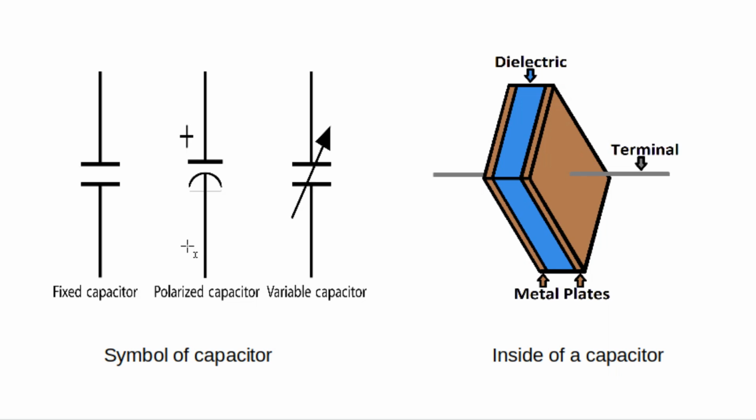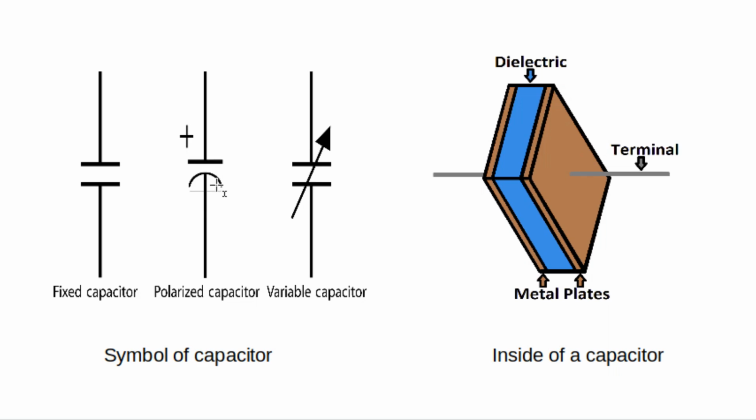And this one is a polarized capacitor. A polarized capacitor has a positive plate and a negative plate, so we have to take care while connecting it in a circuit. We have to consider the polarities of the capacitor. We cannot connect it as we connect ordinary capacitors. For ordinary capacitors, we can connect any terminal on any side.